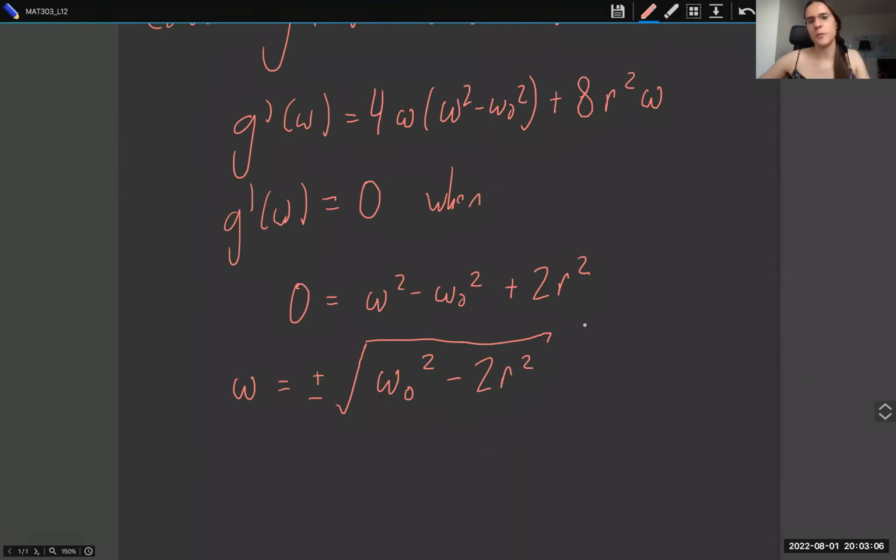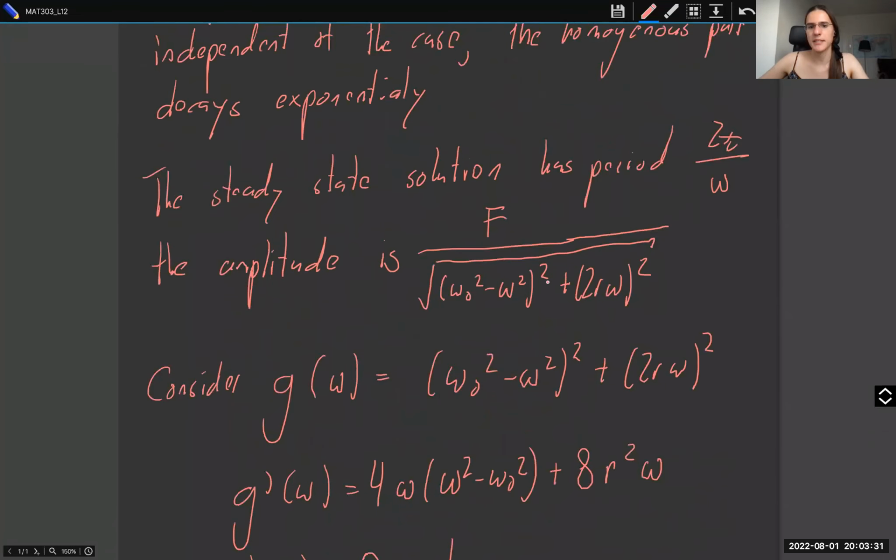And this is assuming that omega naught squared is greater than 2r squared. Otherwise there is going to be no minimum denominator.